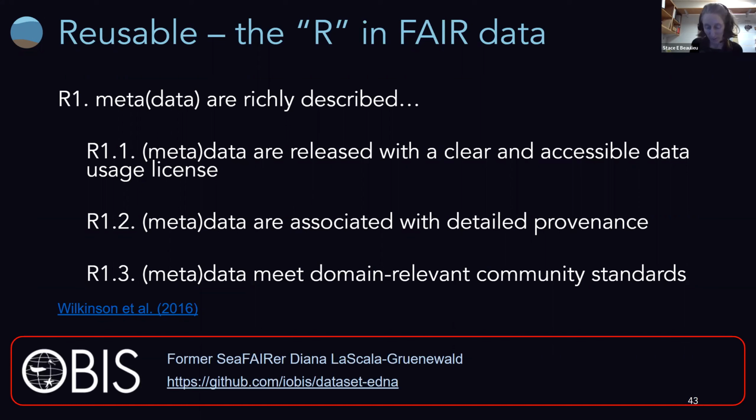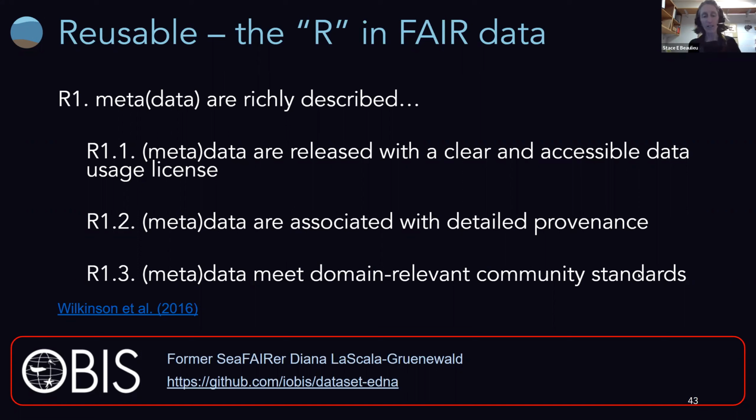I also want to refer back to another example from the first session, from former seafarer Diana Lascala-Grunwald. In the first session, I showed the project organization in this GitHub repository, but I also want to point out that what Diana is doing in this workflow is producing a data product that is standardized to the Darwin Core standard that's used by the Ocean Biodiversity Information System, or OBIS.